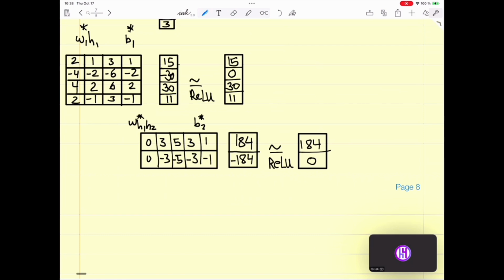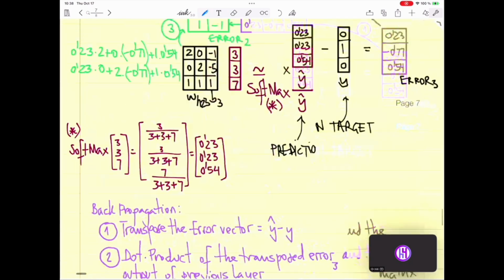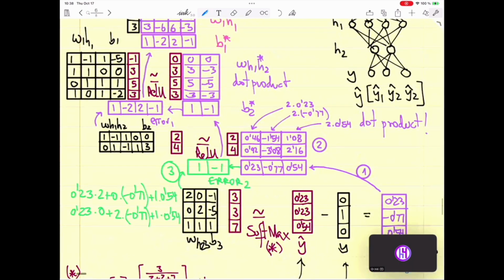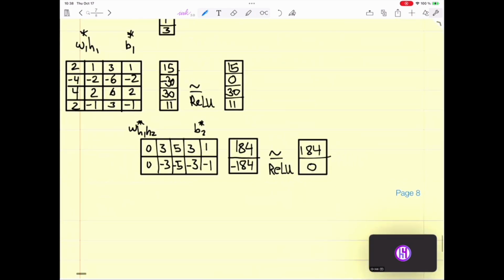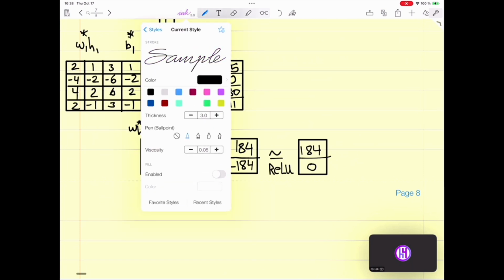The next is to put again what? This one you should know. What do I need to put there? This, right? The W3 star and B3 star. So I need to put that around here, and I'm getting something like this.